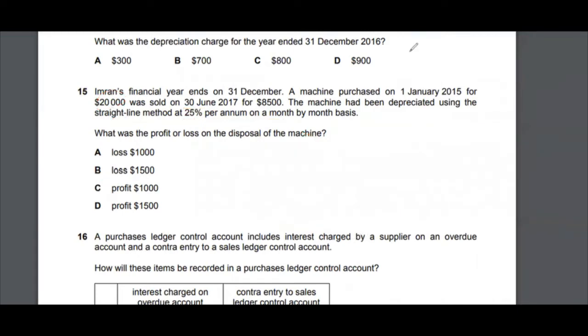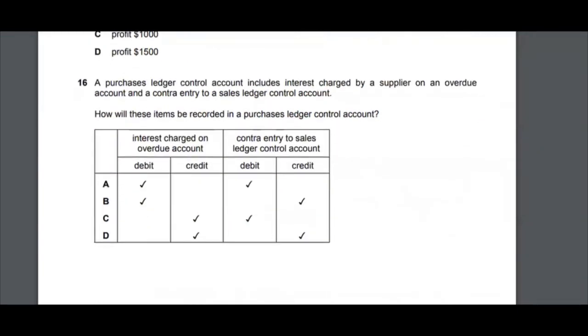So let's look at multiple choice 16. A purchaser's ledger control account includes interest charged by a supplier on an overdue account and a contra entry to the sales ledger control account. How will these items be recorded in the purchase ledger control account, right? This interest charge on an overdue account is going to be on the credit side.